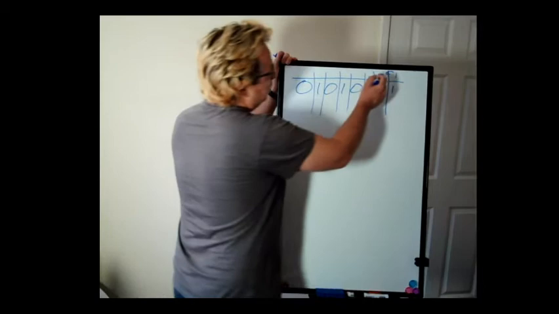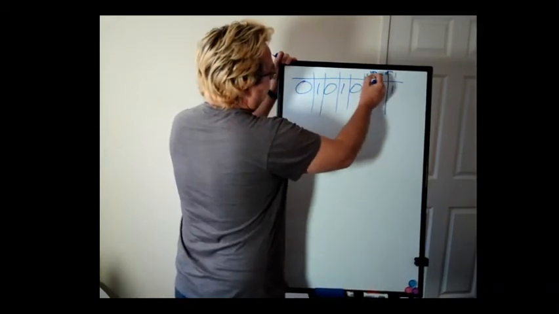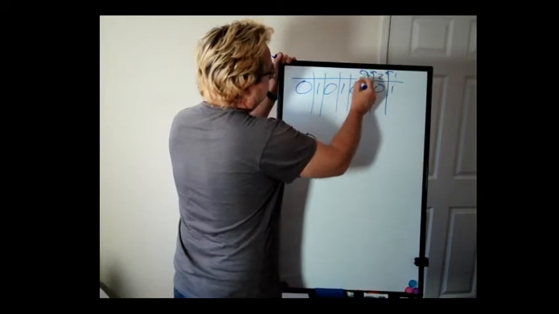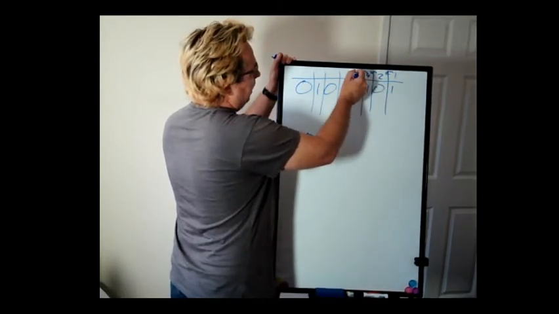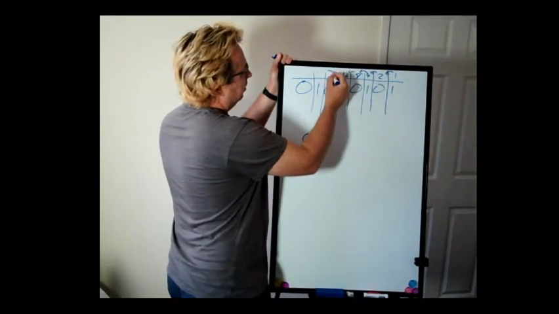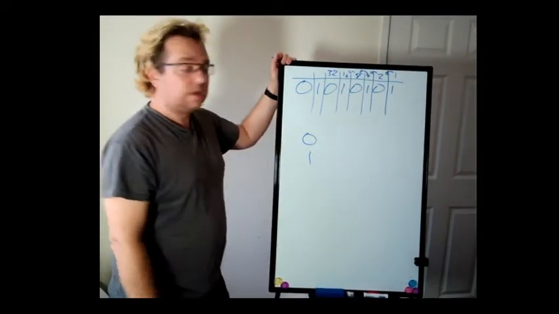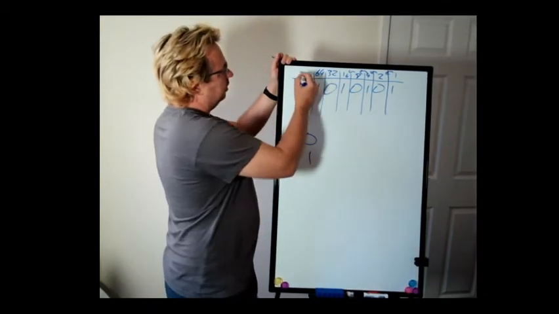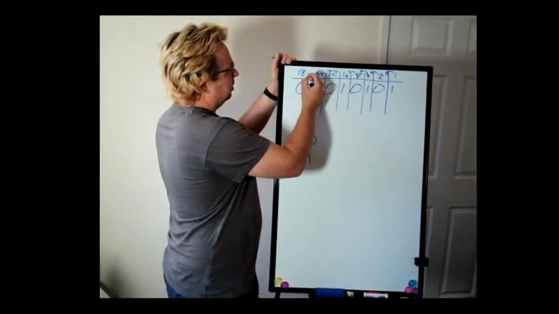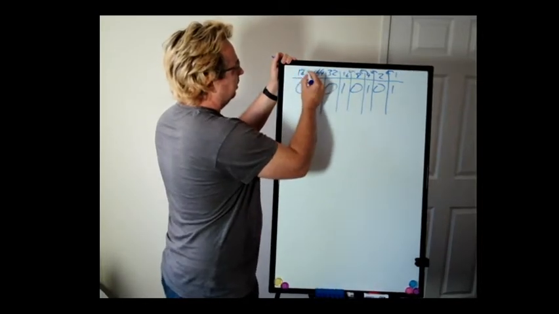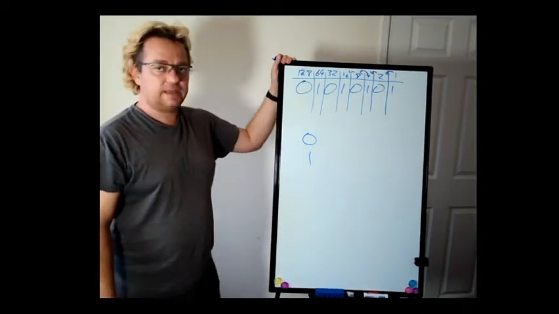If we then times 2 by 2, we're going to get 4. 4 times 2 will be 8. 8 times 2 will be 16. 16 times 2 is 32. 32 times 2 is 64. And finally, 64 times 2 is 128.